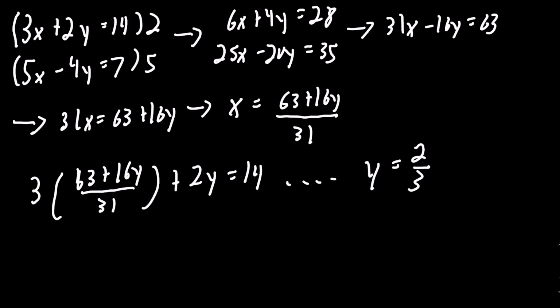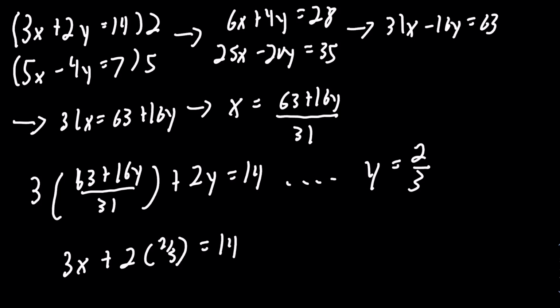Now, since we have y, we can substitute into equation 1 or 2 to find x. Let's substitute the value of y into equation 1. So in this case, we end up getting 3x plus 2 times 2/3 is equal to 14.